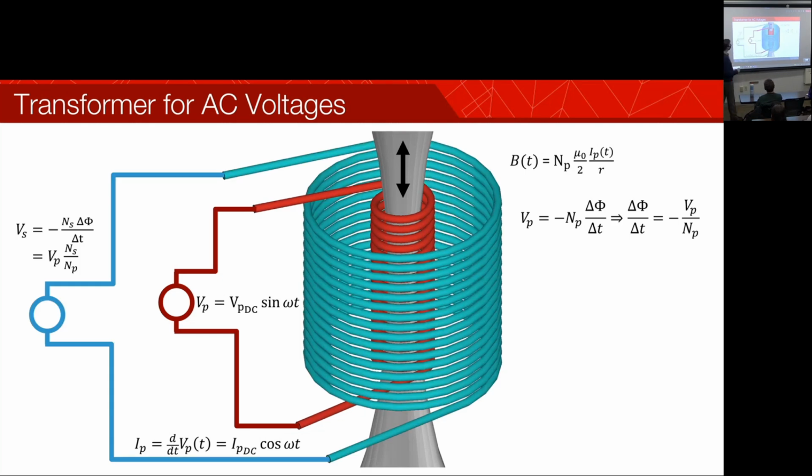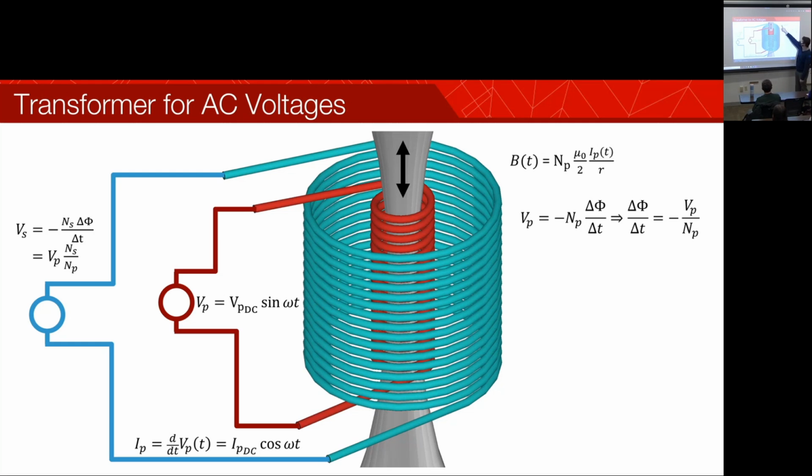Now, because I have an alternating magnetic field inside of my big coil, I can say that the voltage on the ends of my big coil, this is the third rule, is essentially proportional to the number of turns in my secondary coil, the blue one, times the change in the magnetic flux.